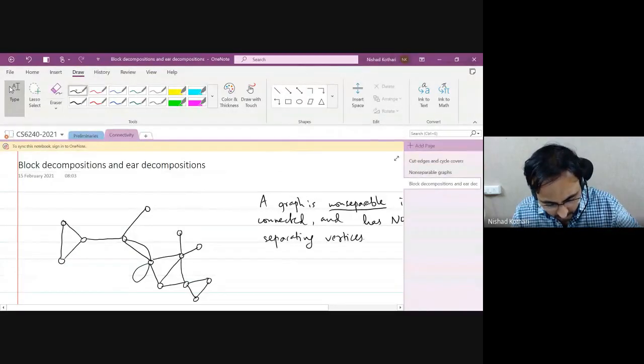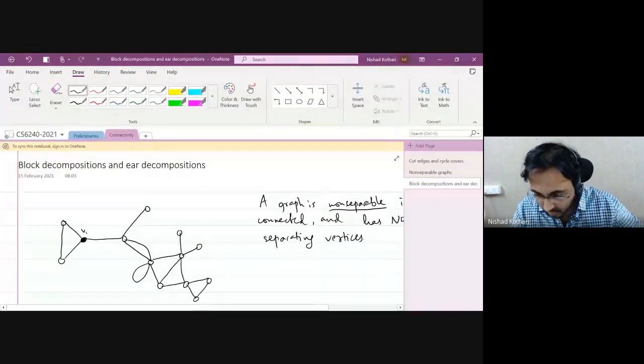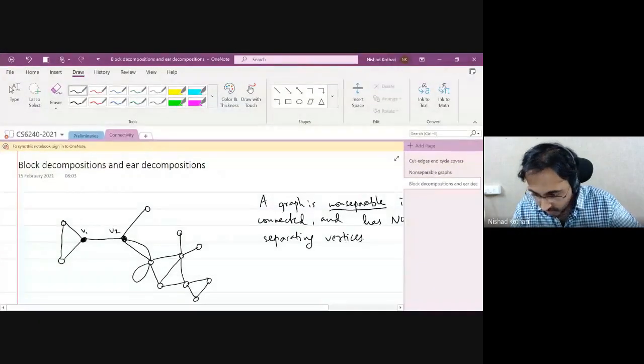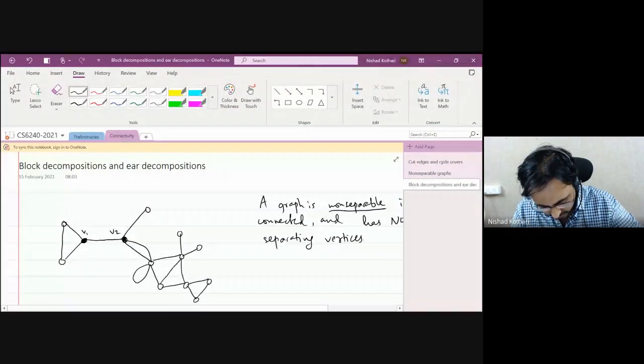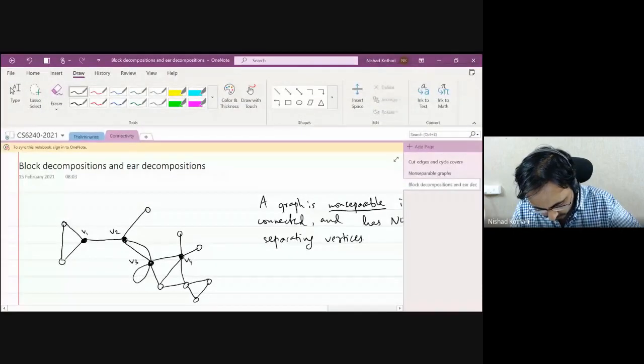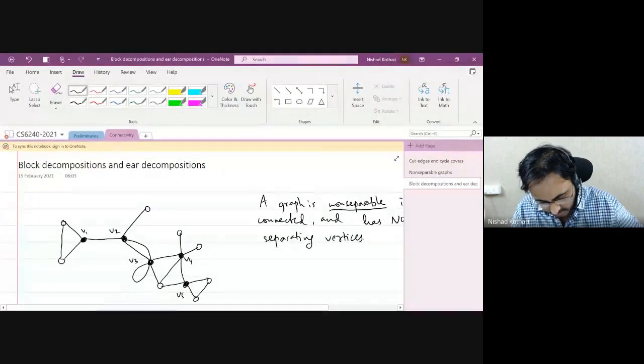Let me mark them by darkening them: V1, V2, V3, V4, V5. Oh, I see, I forgot to make one loop here.